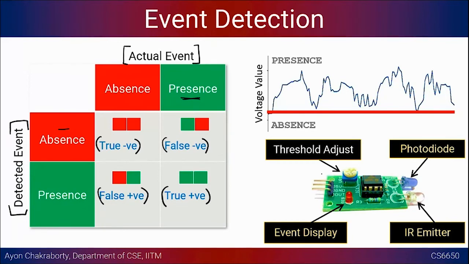Depending on your scenario, this is the threshold adjust button. This is a potentiometer where you can rotate this, and this will adjust the value of threshold, whether you want to be too restrictive or too relaxed.